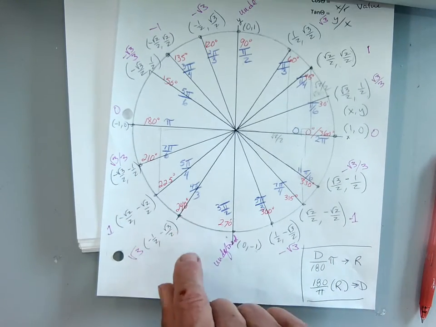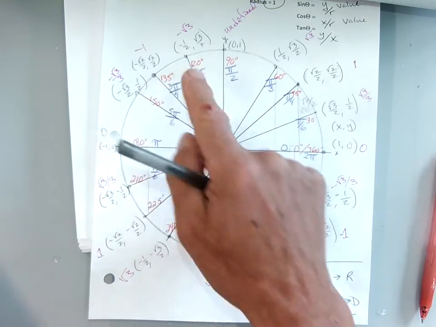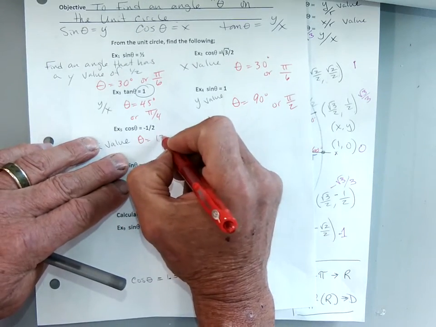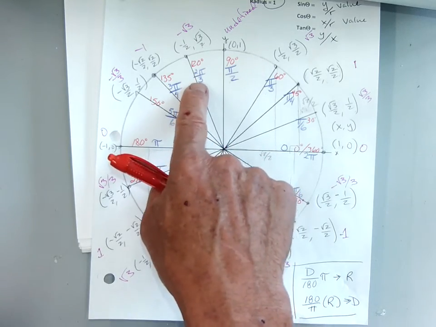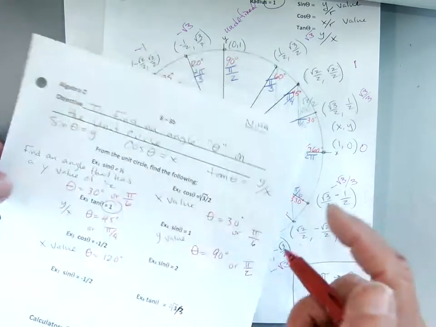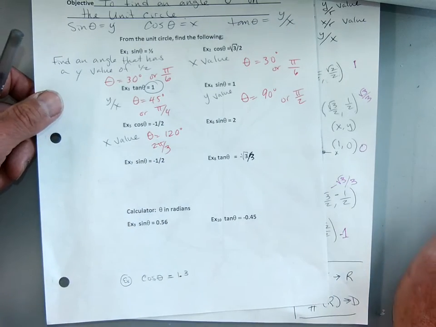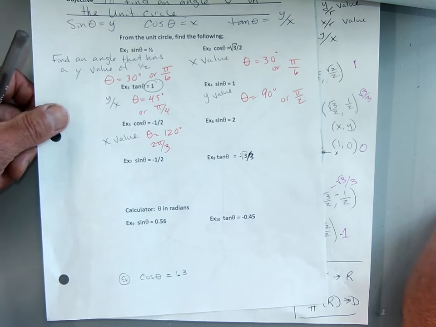It's both, but which one's closest? 120 is closest. Everybody agree with that? So my angle theta is 120 degrees, which is the same thing as 2 pi over 3 in radians, right? Same angle, different name. One's in degrees, one's in radians, okay?